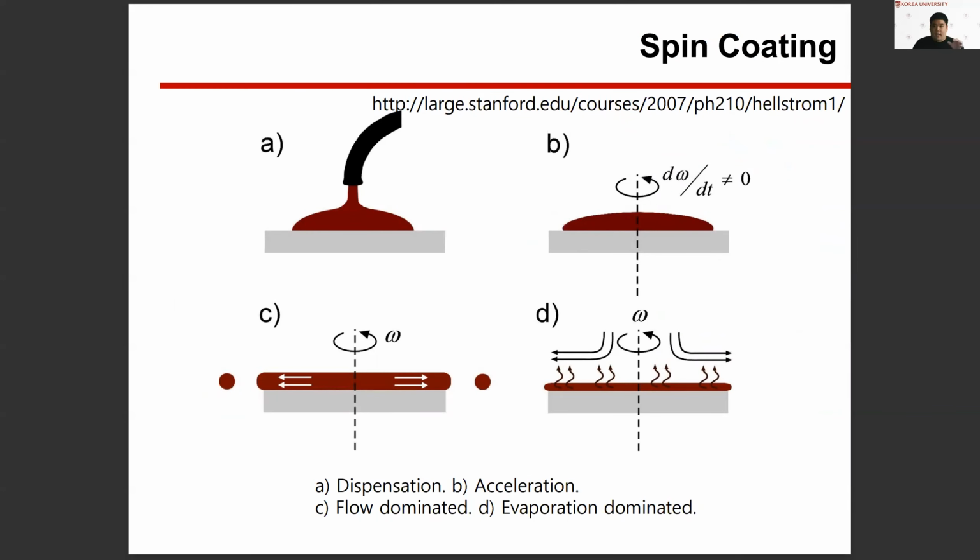To make a coating layer on the wafer, we usually use spin coating devices. We put some photoresist on the center of the wafer and spin the wafer to make a uniform, thin layer over the wafer. After the spinning, we soft bake the wafer at around 100 degrees Celsius.